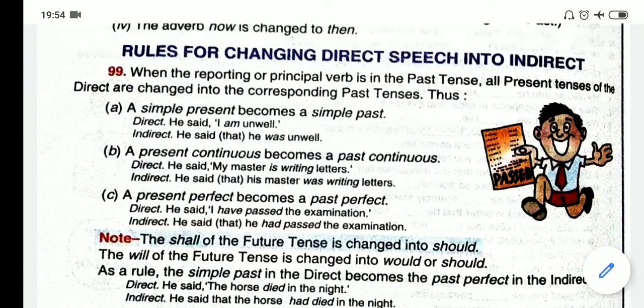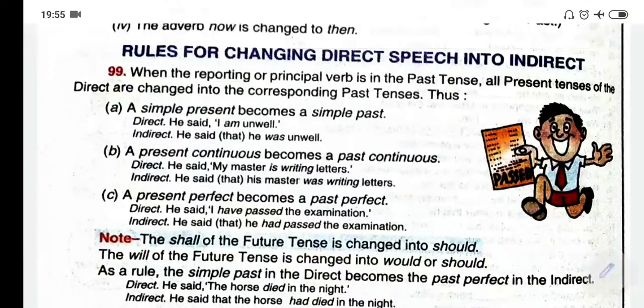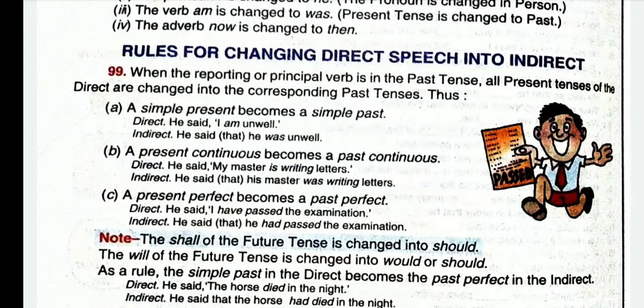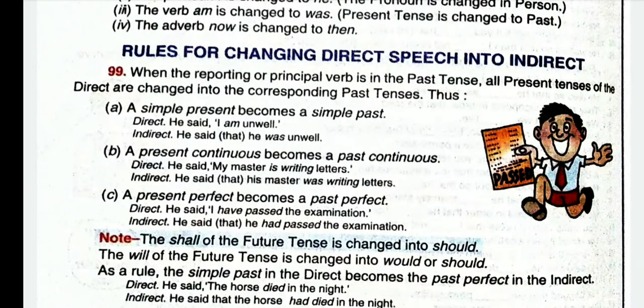Okay, so the first rule is simple present becomes simple past, present continuous becomes past continuous, present perfect becomes past perfect. जो इन्वर्टेड कॉमर्स में स्पीच होती है उसकी बात कर रहे हैं. If the speech in the inverted commas is in the present tense, it will become past tense when we change it into indirect speech.